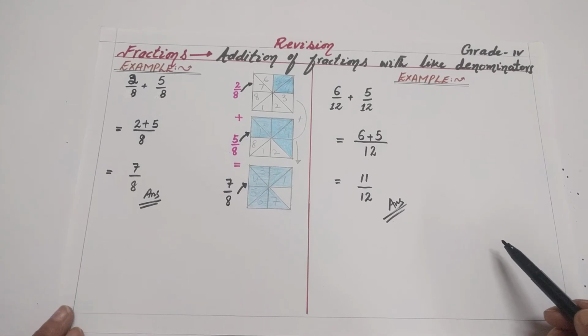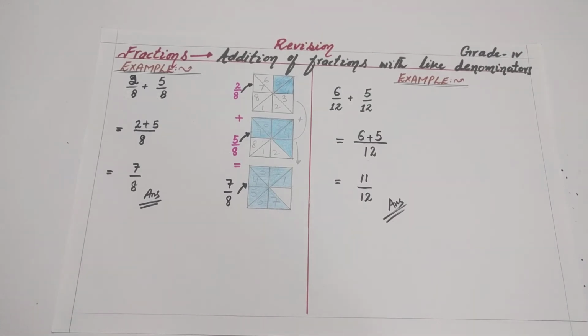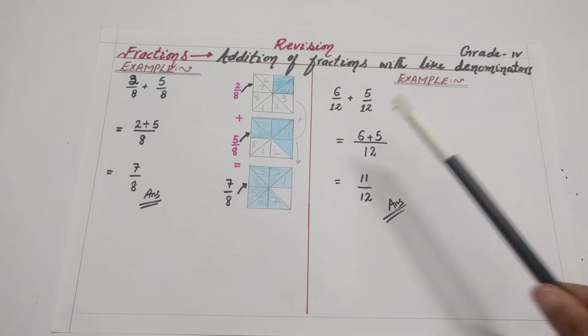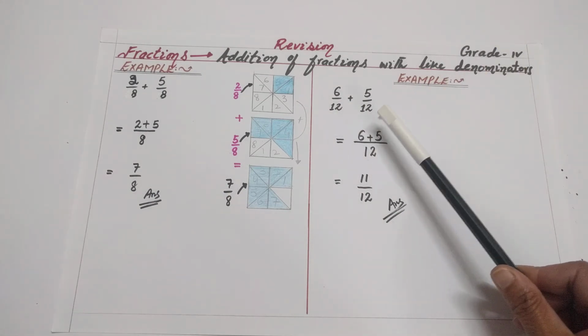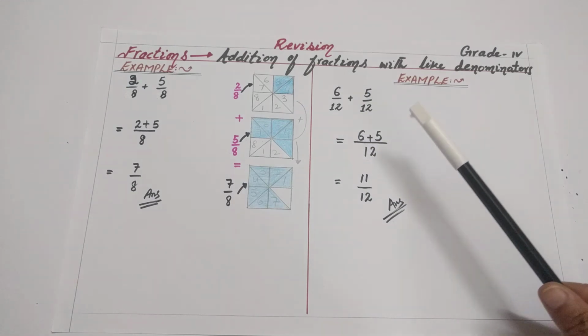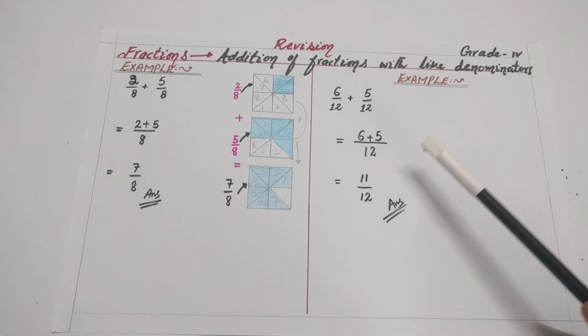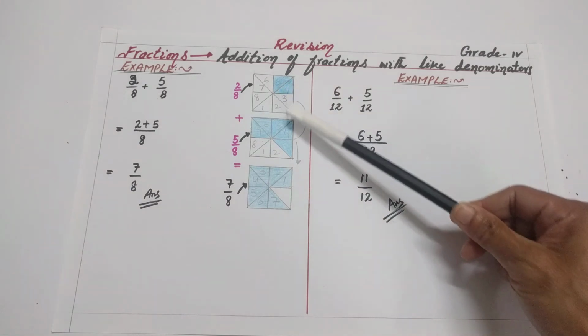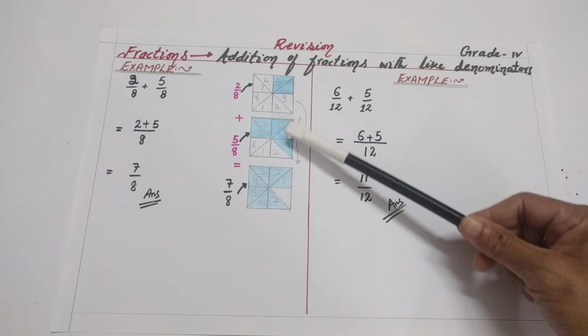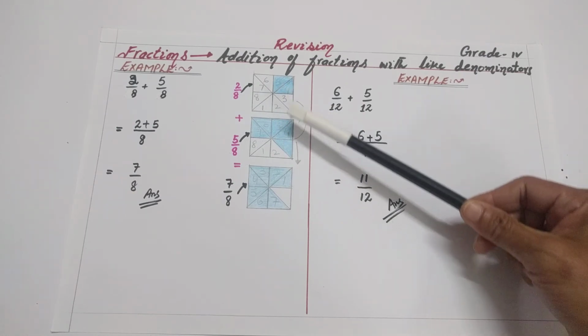Clear? So students, this topic is very easy and simple. Addition of fractions with like denominators. Like denominators means same denominator. So whenever the denominator of the fractions is same, you can directly add or subtract the numerators. Why? Because with the help of this diagram, the total parts of the shape are same in both diagrams.